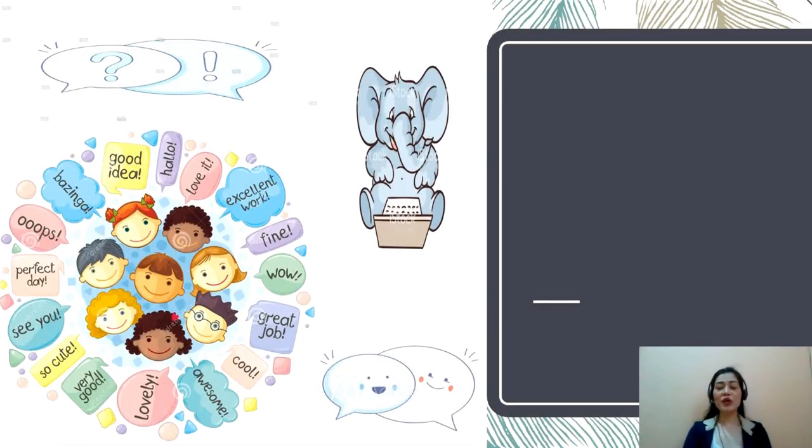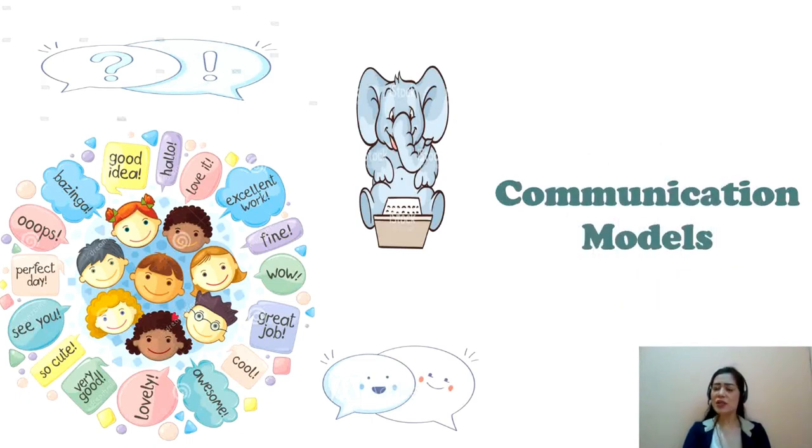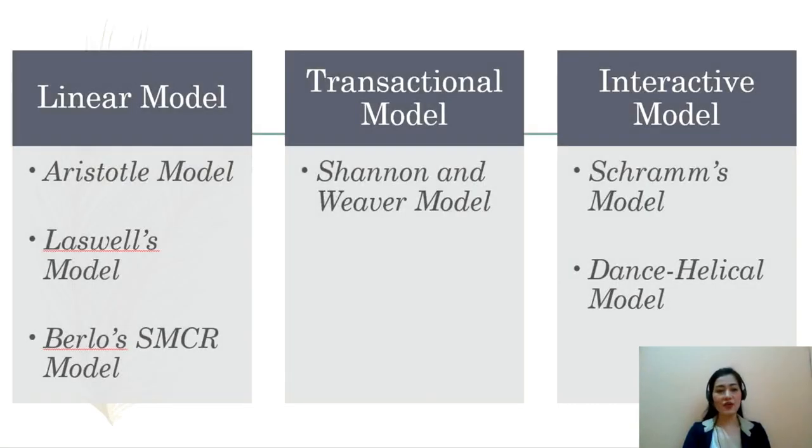In this video, we are going to talk about some communication models. Actually, there are many communication models. We have Aristotle model, Lasswell's model, Berlo's SMCR model. We also have Shannon and Weaver model, Schramm's model, and Dance's helical model.